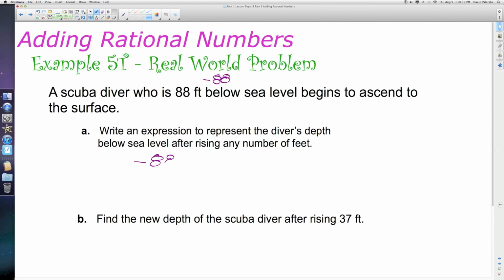And to that, we're going to add the number of feet ascended. And then from there, we have to pick a variable, and we can use any variable. I'm pretty comfortable with x, so that'd be negative 88 plus x. And we could say over here where x is equal to the number of feet ascended.